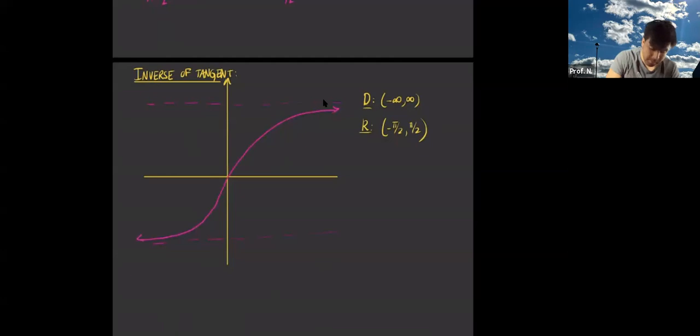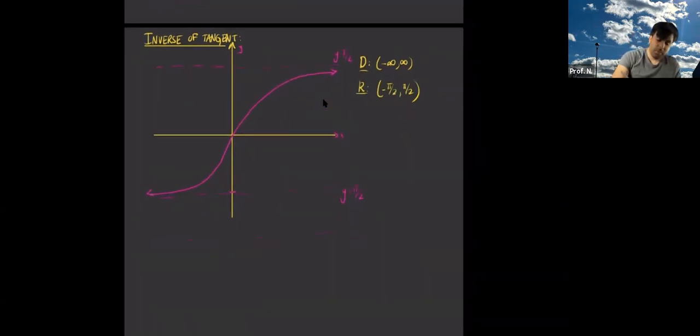This is y equals negative pi over 2, and this is y equals pi over 2. This is x, this is y. Beautiful. And then what do we know about inverse tangent? You can plug in anything for inverse tangent. And the angles here are what?